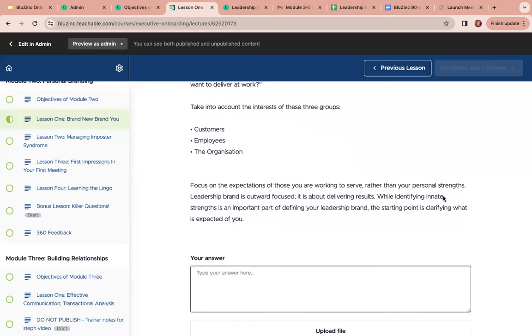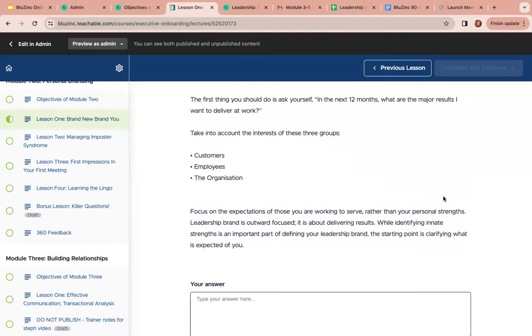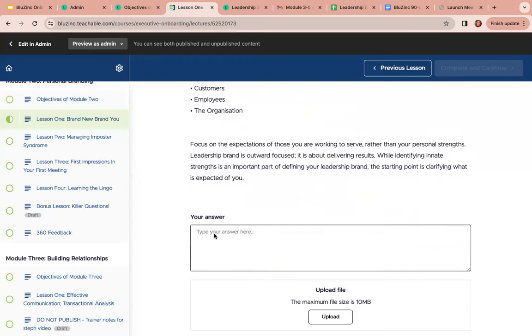What are the major results that I want to deliver at work for my customers, for my employees, and for the wider organization? You would type your answer into here, or you can upload a file if you want to do it in a different format, maybe a Word doc, a Google Doc, or a PDF.